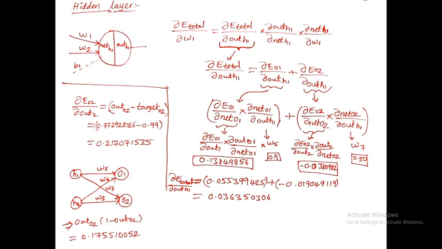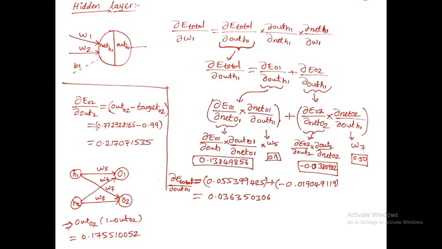Dou net O1 by dou out H1, right? What is net O1? Net input at O1 is nothing but W5 into out H1 plus W6 into out H2 plus bias B2. So out H2 and bias B2 are constant with respect to out H1. Only when you do dou net O1 by dou out H1, you will get W5 as a constant. That value you know. The remaining term also you can calculate in a similar way to the output neuron.